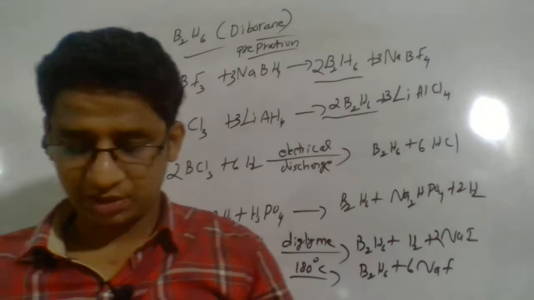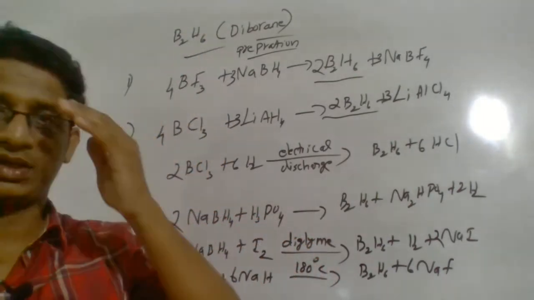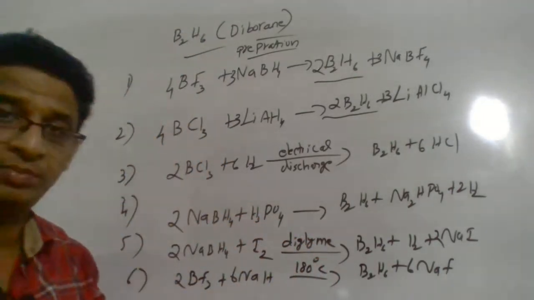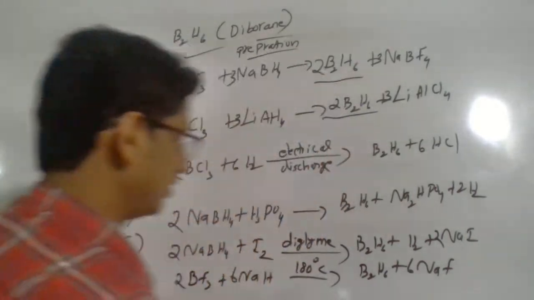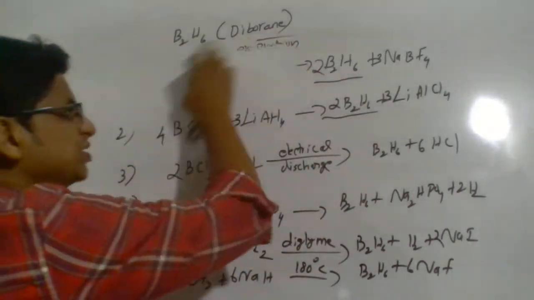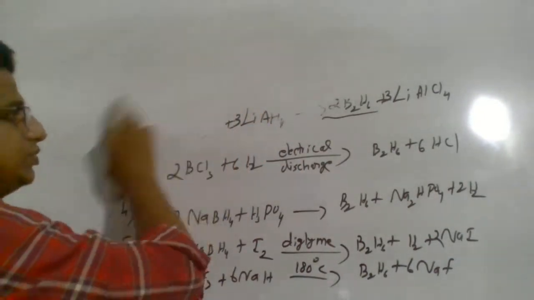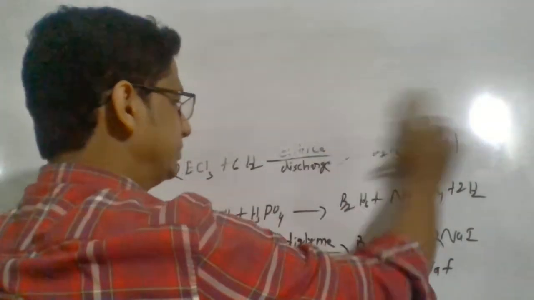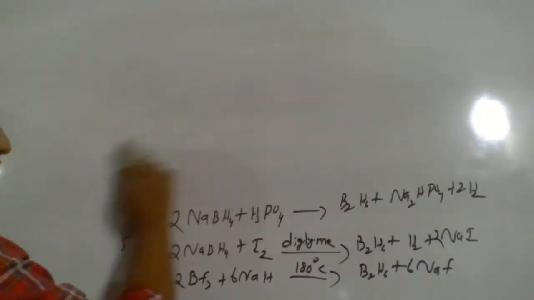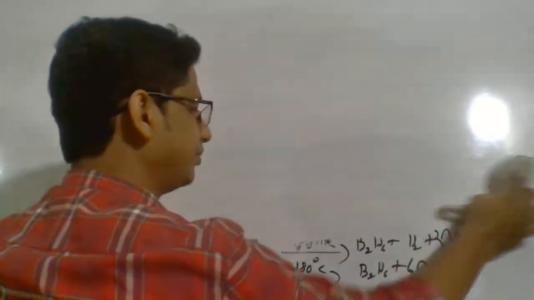So these are the important methods of preparation of diborane. Diborane is one of the important boranes that we can remember for the preparation of many organic and inorganic compounds. Such an important compound is diborane. You can remember any three best methods.